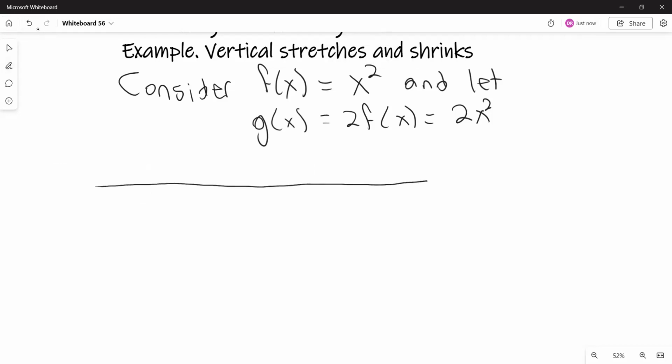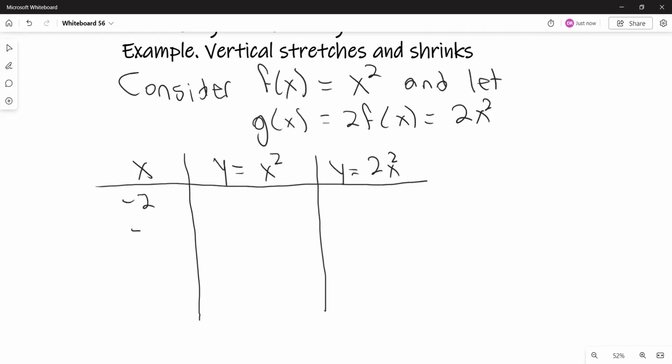But we're going to make a table with 3 columns. One with x, squared, which is the squaring function, which we have done several times, and 2 times the squaring function. Our x values are -2, -1, 0, 1, and 2.